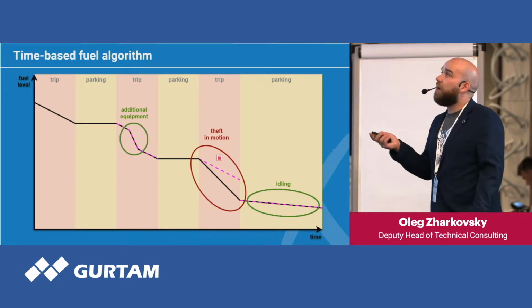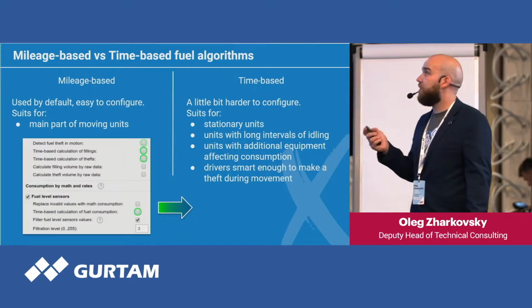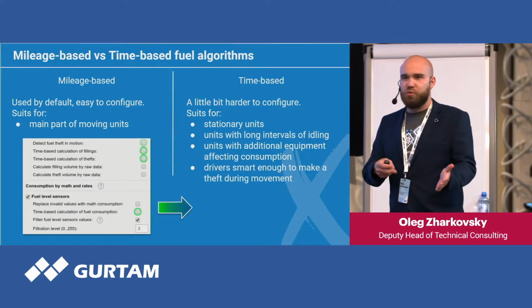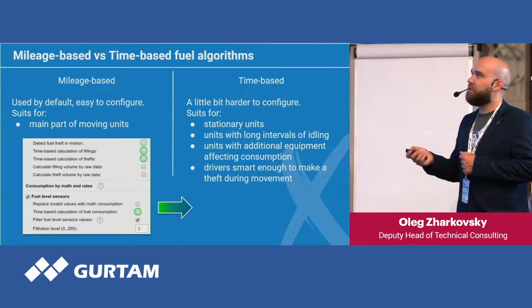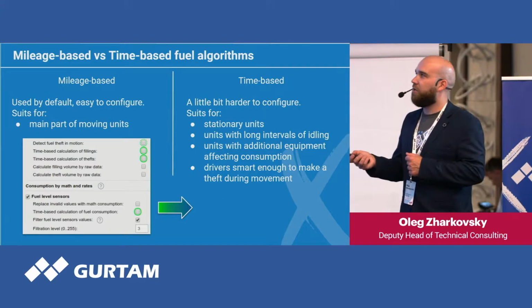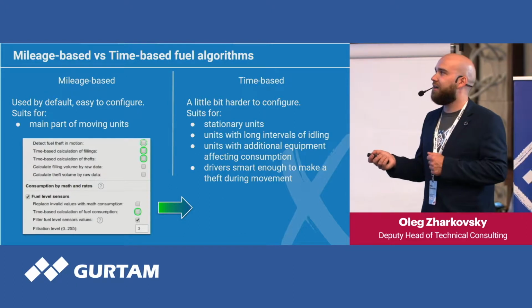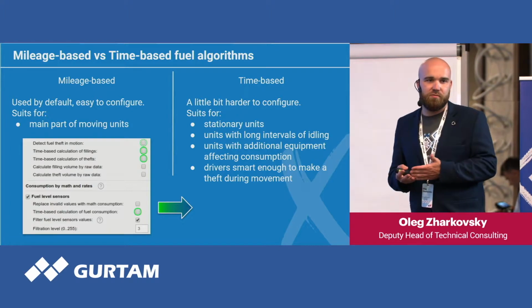So this is how the time-based fuel algorithm works, and you can choose between these two algorithms in a pretty easy way. The mileage-based algorithm is used by default, it's easy to configure, and it's used for the main part of the units.